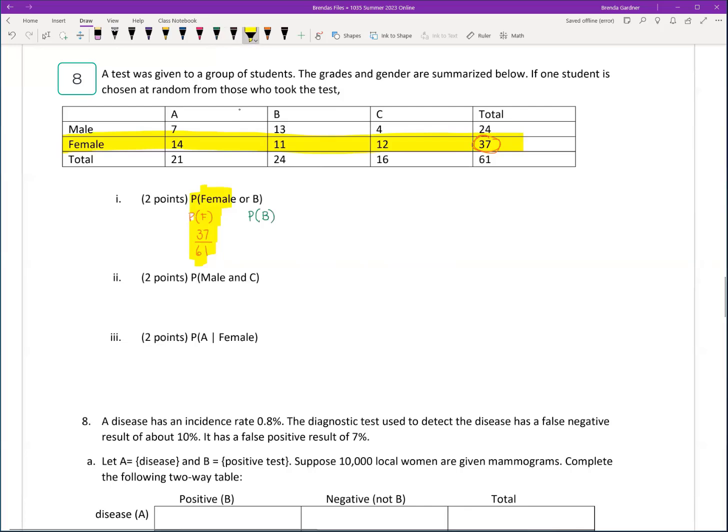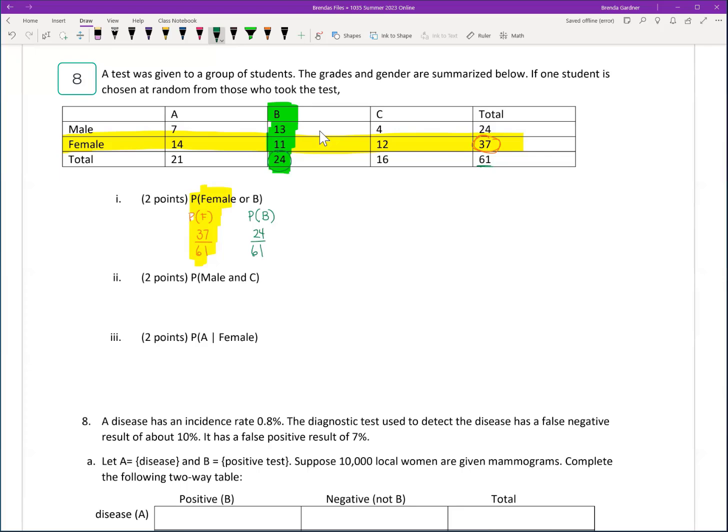Well, for that, I'm going to look down the B column, and there are 24 out of, again, your total 61. So if I had asked what's the probability of being female, you would say 37 out of 61. What's the probability of drawing someone who got a B? You'd say 24 out of 61.